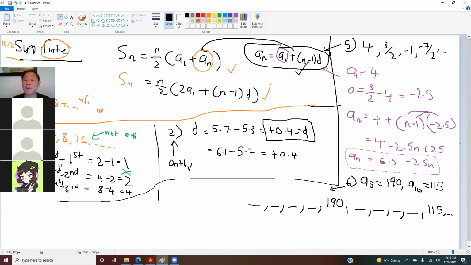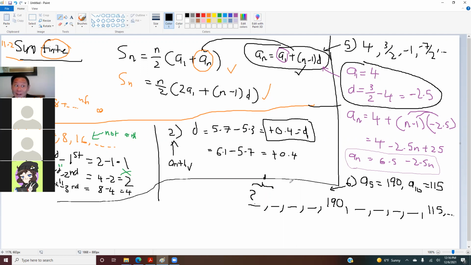And you need to find your AN term. So again, you need to figure out what your A1 and your D are. And once you know your A1 and D, I think you guys know what to do, right? Plug it back in the formula. So the question in this case is, how do we find A1, which is the first term? And how do we find D? D is the difference between these.